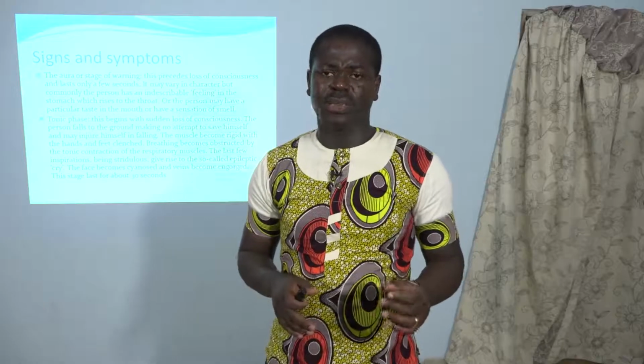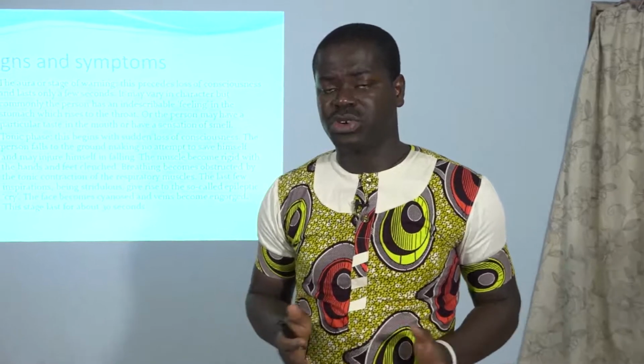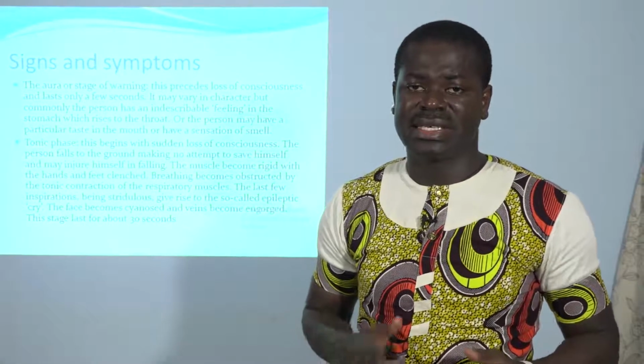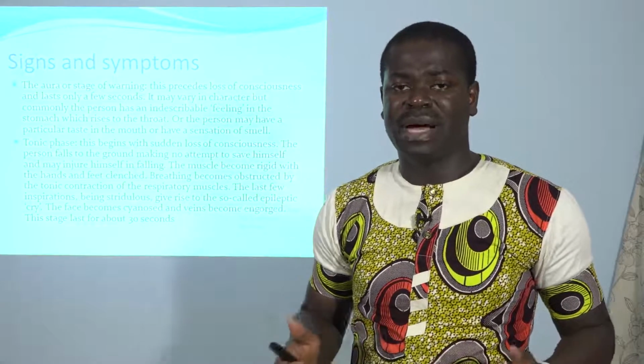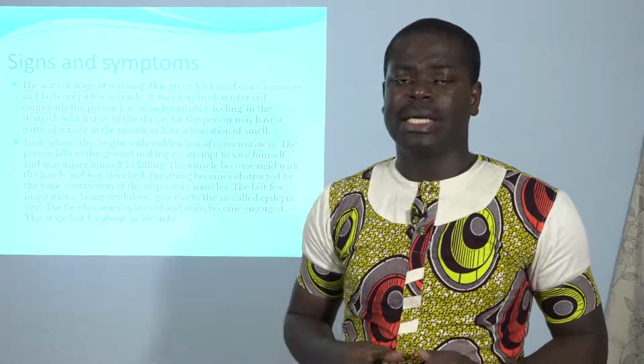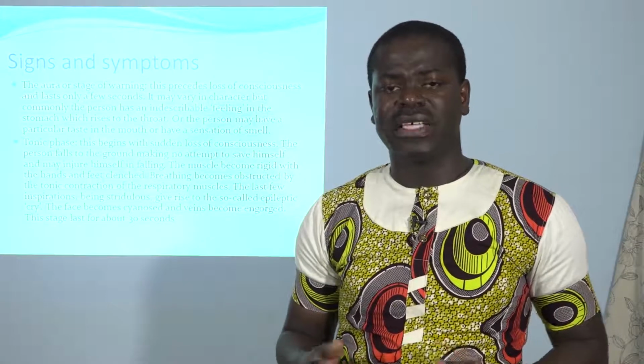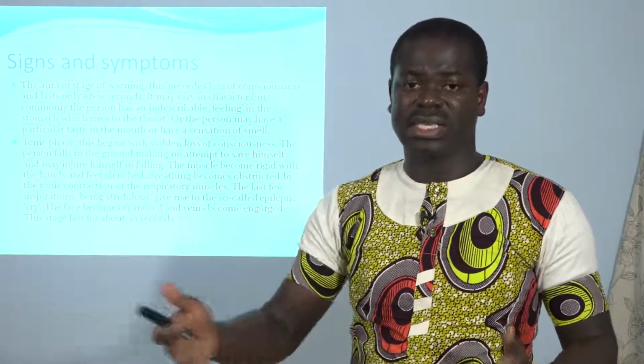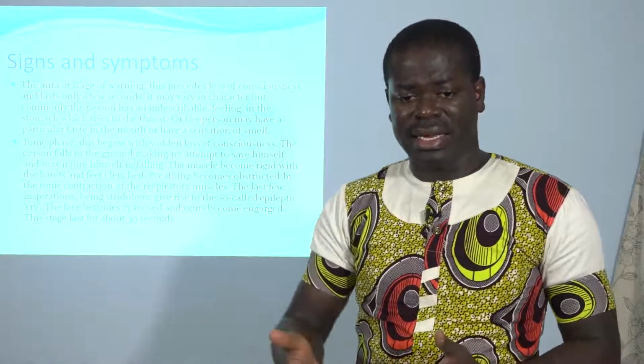So it comes with a characteristic smell in the person's breath, and the person also feels some abdominal discomfort which is very indescribable, and that gives a sign that the person is about to have a grand mal form of epilepsy. Those who have had their crisis for a very long time have gotten the drift.